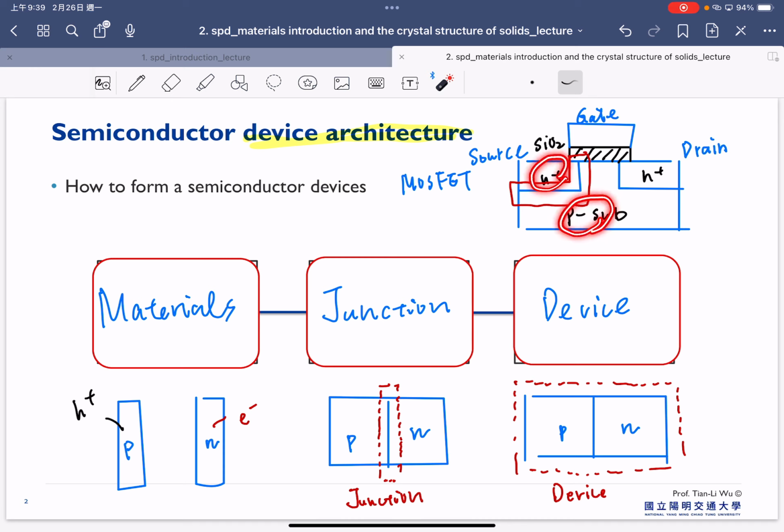Therefore, there is a PN junction in this region. And also, on the right hand side, there is another PN junction here.